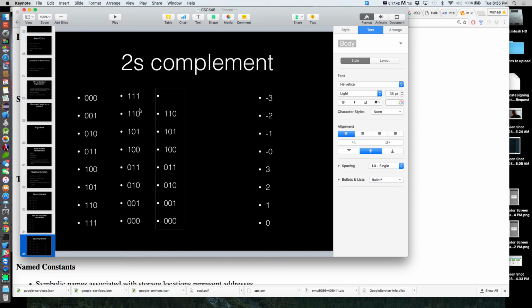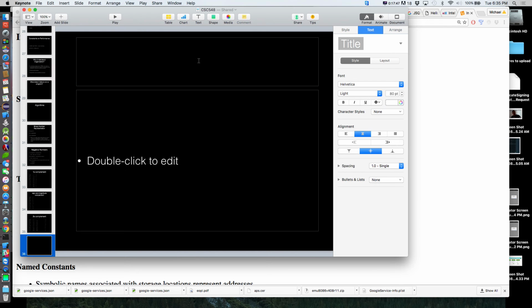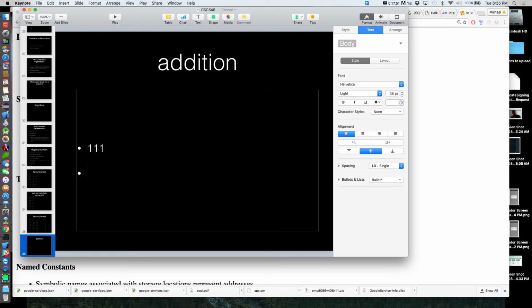So let's just look at the math here real quick. So this is 1, 1, 1, and adding 1 to it. So 1 plus 1 is 0, carry the 1. So we have an extra carry 1 up here.